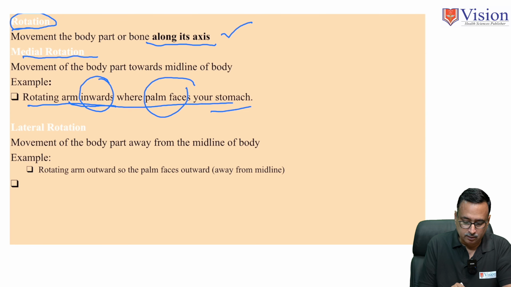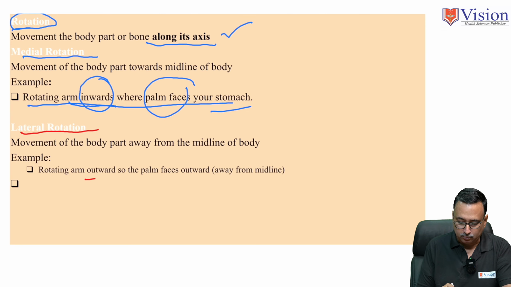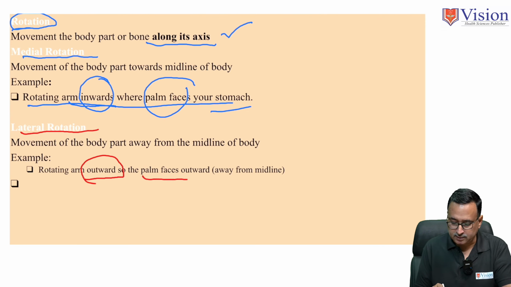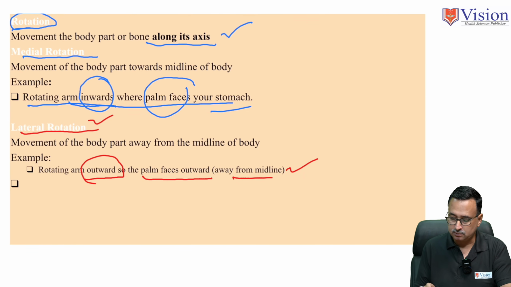Just opposite, in lateral rotation, when we rotate the arm, it moves outwardly away from the midline and the palm faces outward, that is away from the midline, we call lateral rotation has taken place.